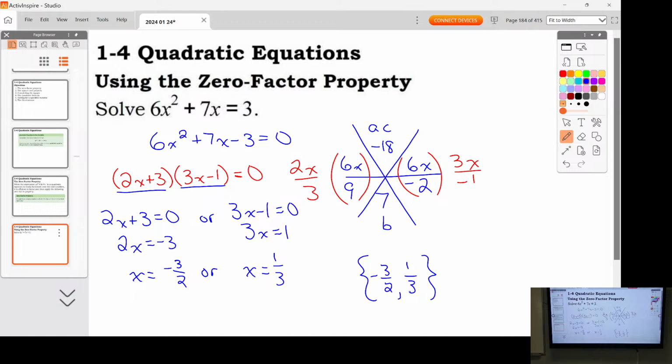Questions on this? Okay. Make sure when you're entering your answer, the comma is not in the fraction. I've seen that done before. You have negative 3 over 2 comma. So the comma is in the denominator. So make sure you're out of the fraction. Sometimes it's hard to see, especially on the small fonts on the computer.